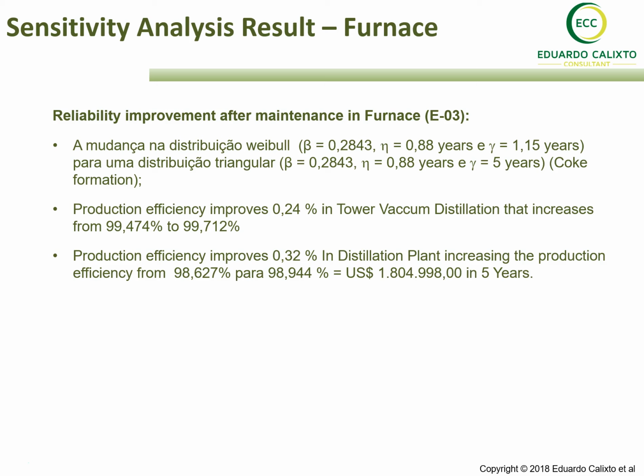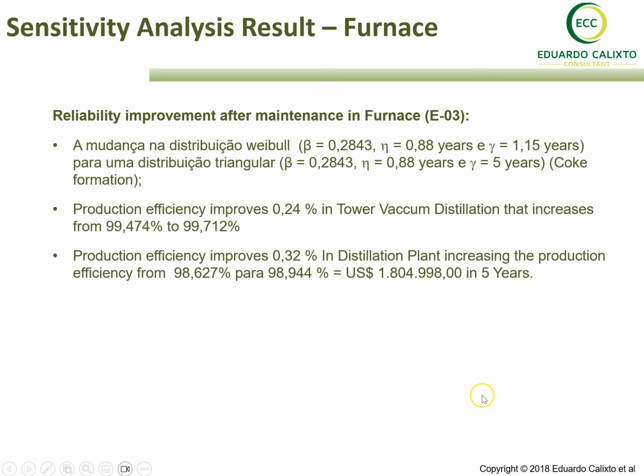That means if I improve the two towers, the vacuum tower and the distillation tower, but do not improve the furnace, the production efficiency of the distillation plant will still remain lower than 98.2%. So I need to improve the three systems. And of course most of the budget was focused on the investment for these three critical systems.